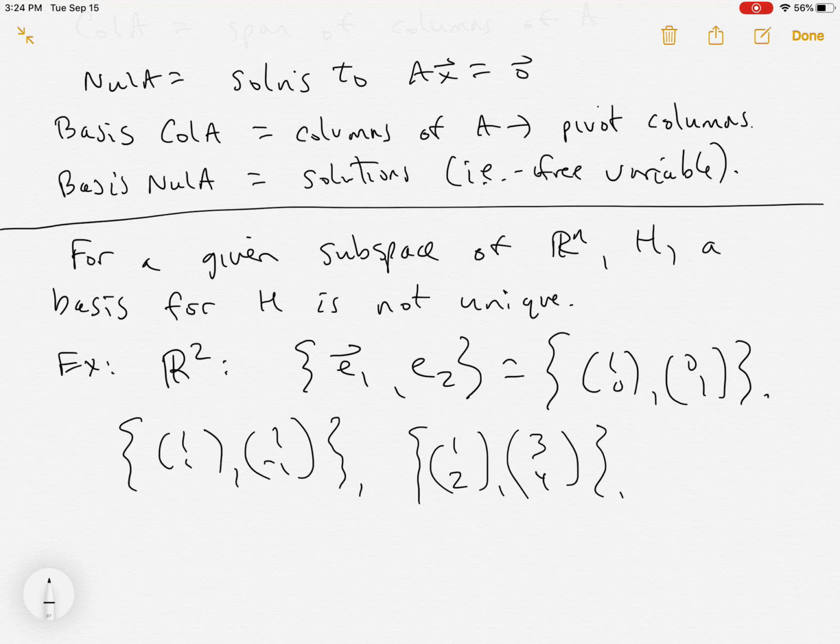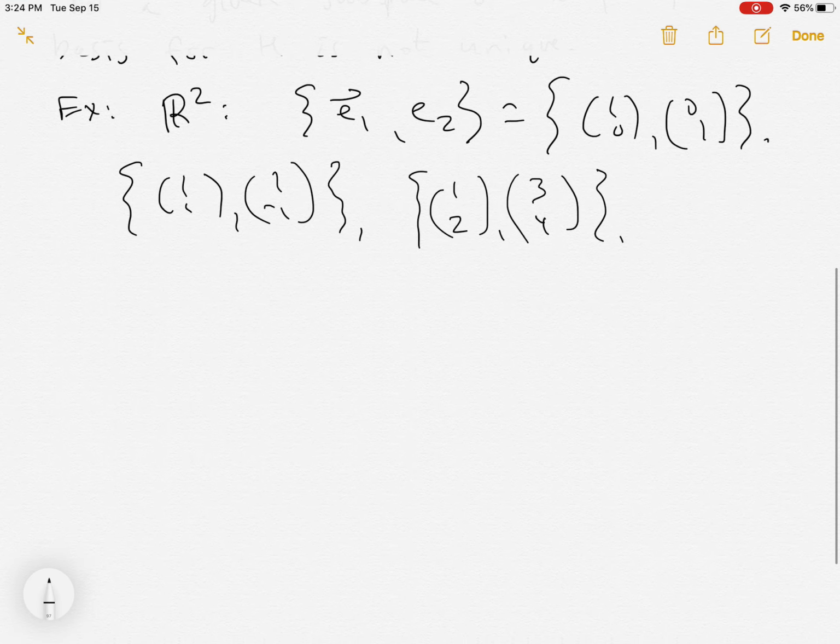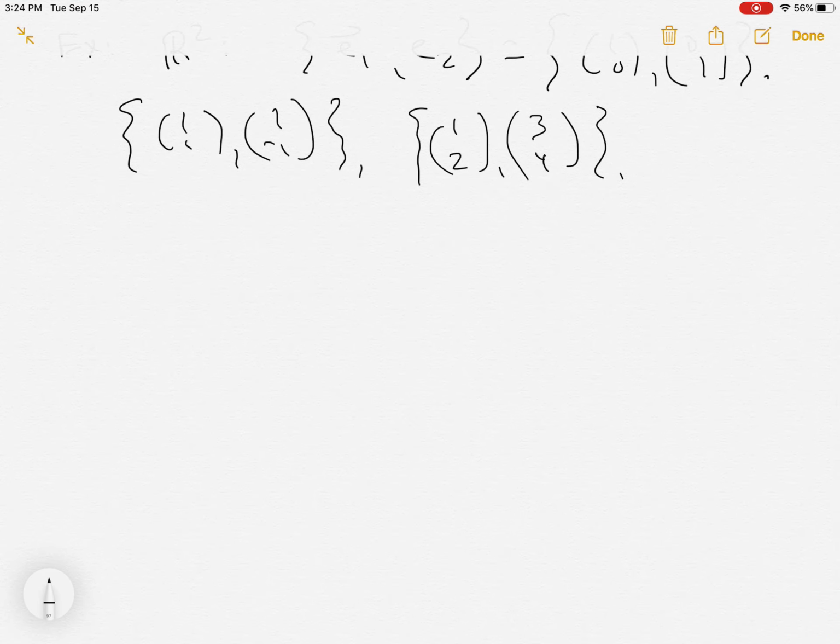So bases are not unique, and it's kind of nice because it gives you a lot of freedom for doing problems. All right, so today we're going to have two major definitions. The first one is this.